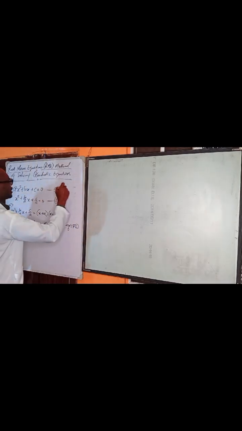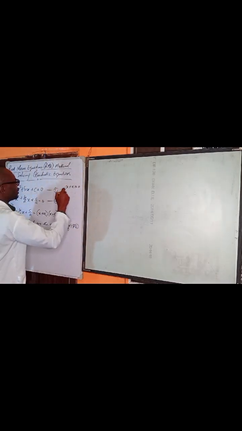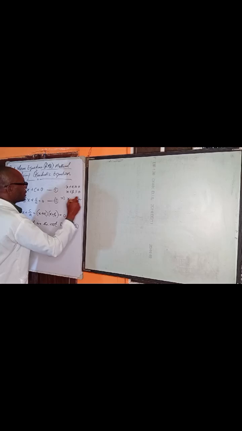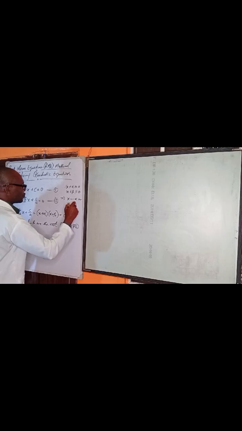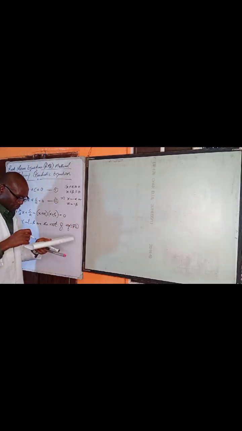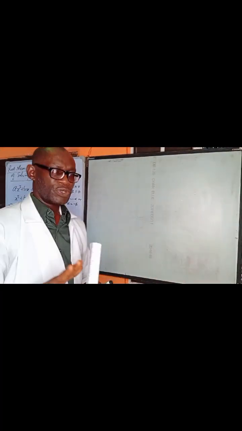So x plus alpha equals 0 and x plus beta equals 0, which implies that x equals minus alpha, and x equals minus beta. That's why we wrote here that minus alpha and minus beta are the roots of this quadratic equation. If this is well understood, then we'll go to the next step.